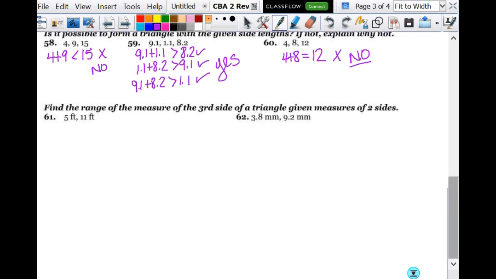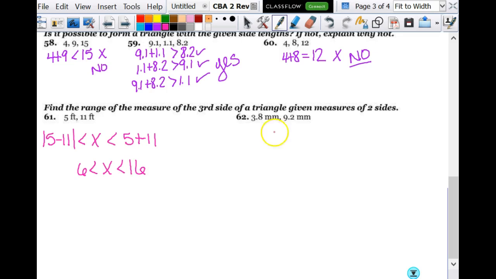Okay, so when I'm looking for a range of measures of the third side length, we'll call it x. It can range anywhere from the two sides we know added together to those two sides subtracted, but you've got to take the absolute value, so you get the positive version of that. So that means this range is from 6 to 16.